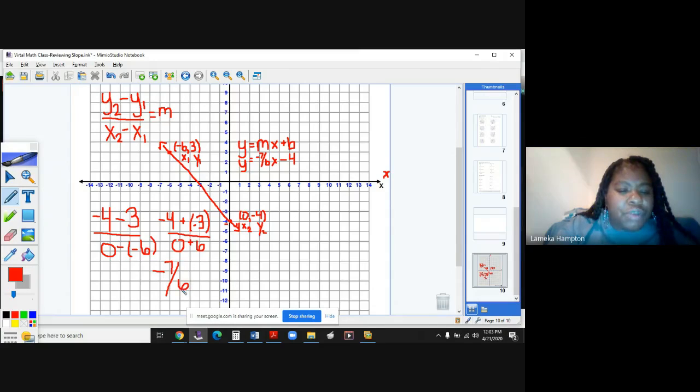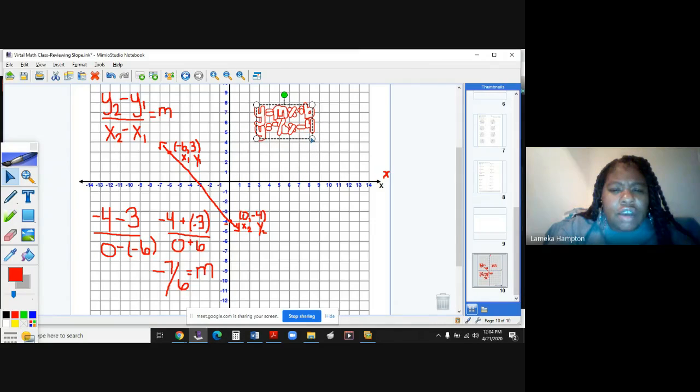So that is represented by my slope. So that's M. As a matter of fact, I'll go ahead and make this bigger as well, and stretch it out too, so that again, you can see it.